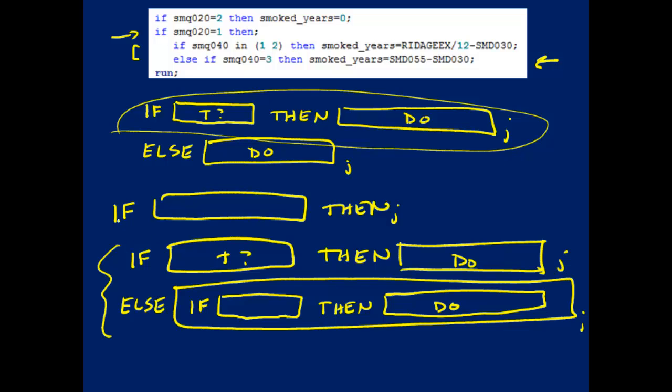So this is the structure. If this is true, then do all of this stuff. And all of this stuff is, first check if this is true, and then do this. Otherwise, check if this is true, and if it is true, then do this. That's the structure of this if-then-else statement.